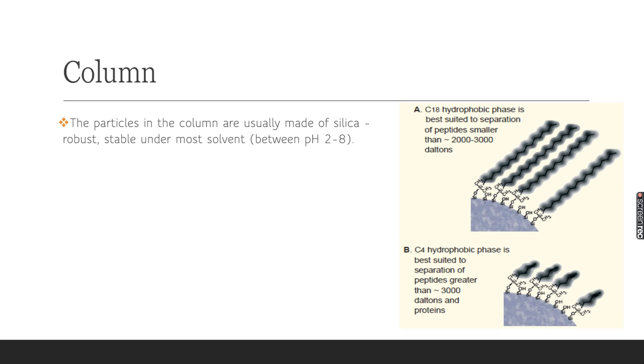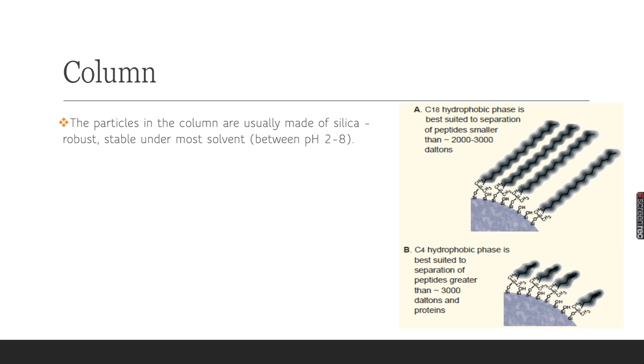Now regarding the column, we need to understand what kinds of columns can be used. We can have different kinds of functional groups attached. You can see we can have a C18 hydrophobic phase, which is very useful, for example, for peptides between 2000 and 3000 Dalton. So it is a long chain.